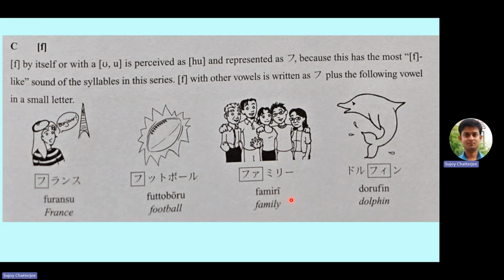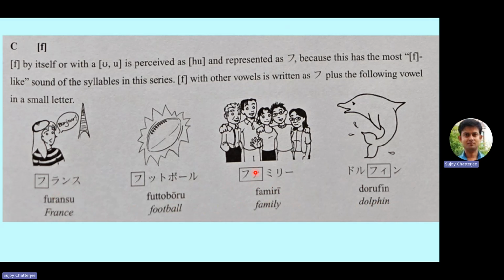We do not use exactly the hu sound. The line is ha, hi, fu, he, ho as we know, so this will still remain fu. So furansu, futtoboru, famiri, doru fin.